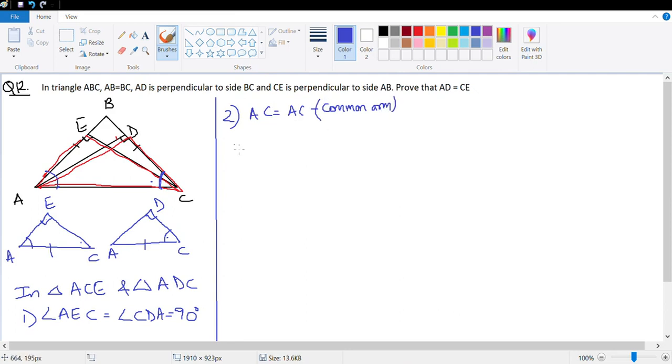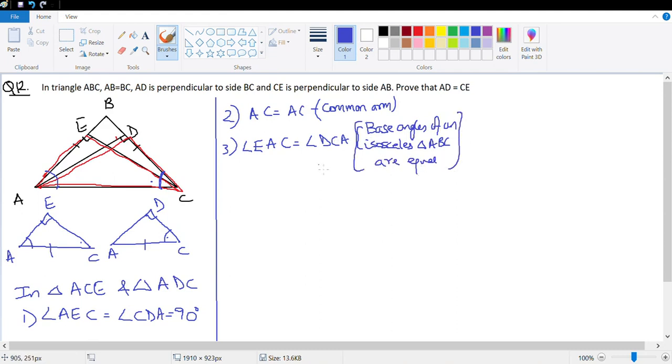And then the last part would be angle EAC is equal to angle DCA. These are base angles of an isosceles triangle, which is triangle ABC, and are equal. Perfect. So these two are base angles. Therefore, by angle side test, triangle AEC is congruent to triangle CDA.